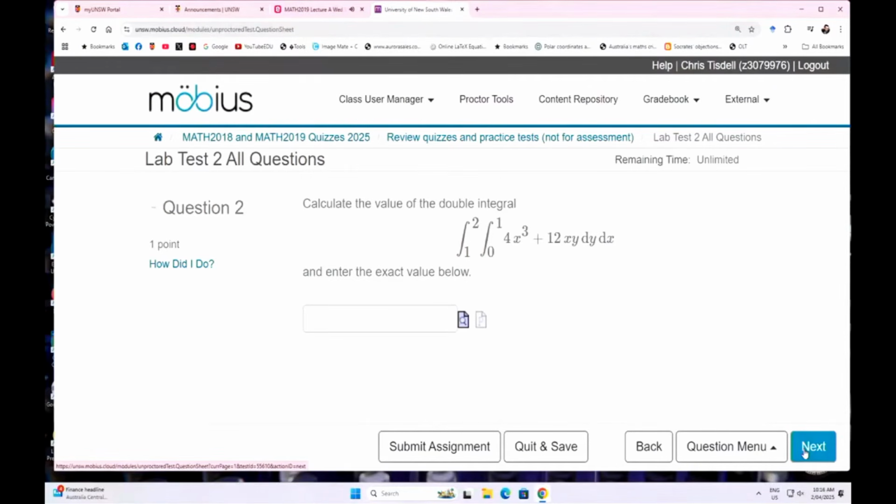So if I wanted to simplify this massively, I could just go, okay, well, it's the integral of 4x cubed, whatever, plus 12 times the integral of xy. I could do that if I wanted to, but you don't have to.